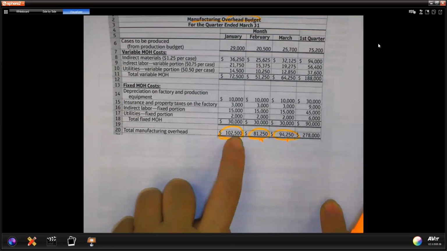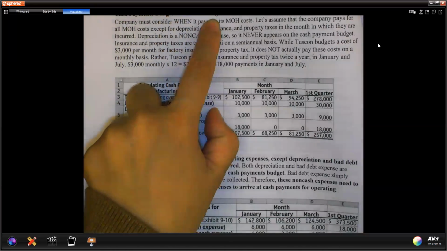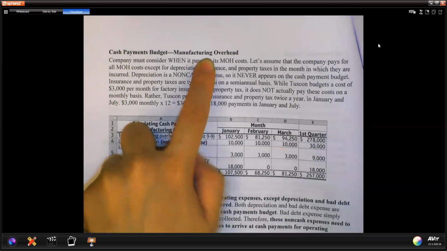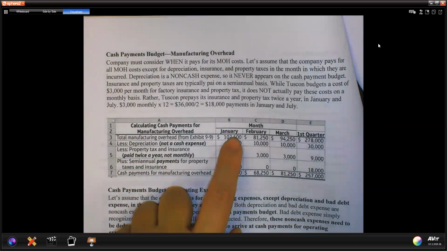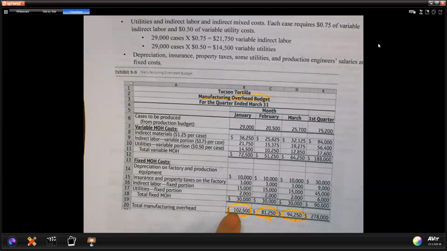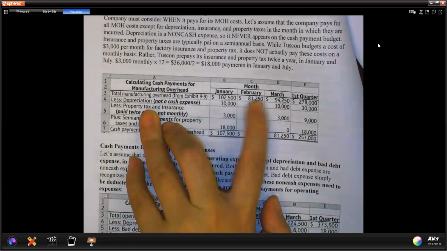So if you remember, January is 102,500. We go all the way to page 12. Then you have a cash payment for your manufacturing overhead. We said, hey, you thought it will be 102,500. Remember that is our overhead expense. And then we just copy 102,500, 81,250, and so on.